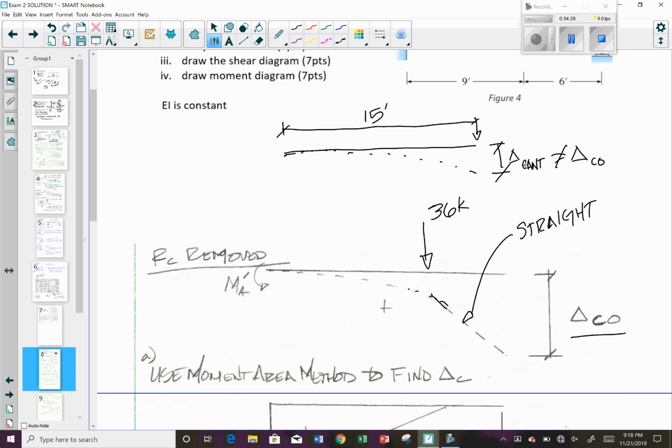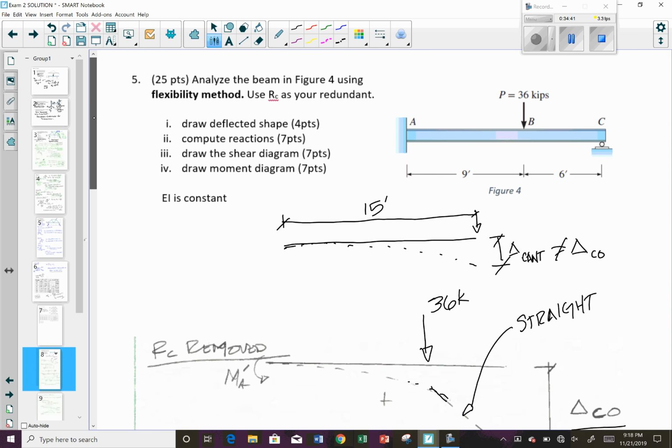So this value is not equal to this value, so you couldn't just use the equation from the back of the book for a cantilever section. You can, however, use that for your next problem where you've got the cantilever with the load going up, but it's not the same as for this one when the load is at this point.